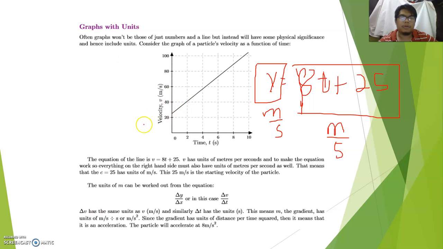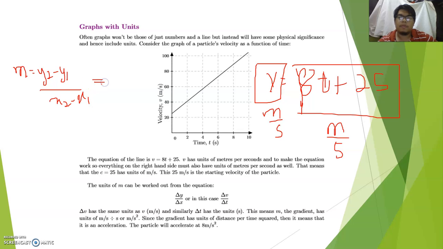And for this particle, we can get another piece of information from this graph. If you still remember, m equal to y2 minus y1 over s2 minus s1.